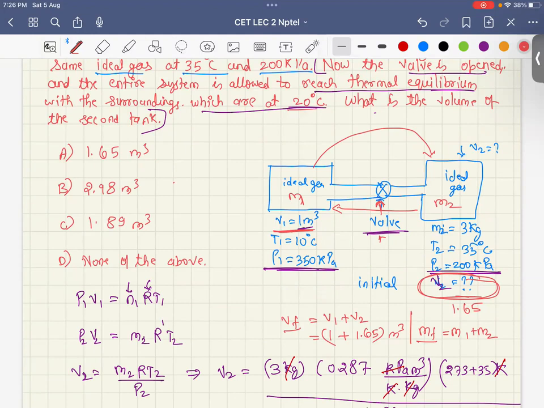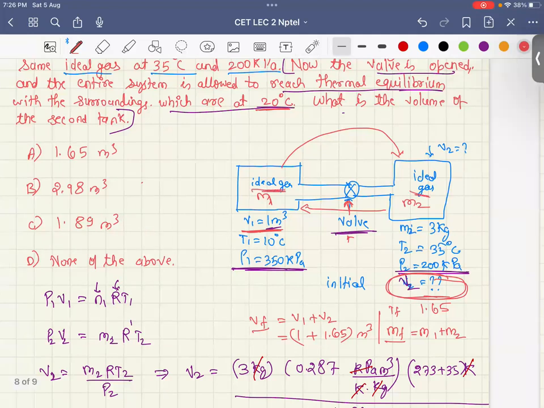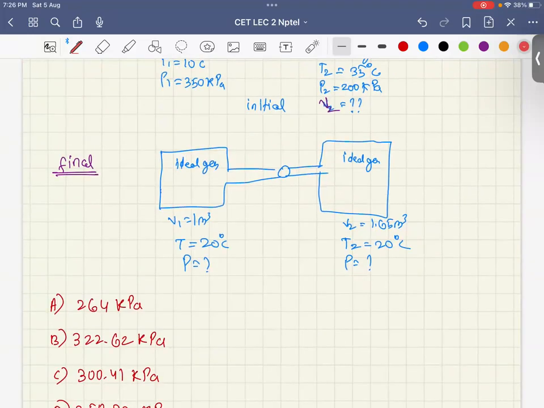And you are already given the final temperature, so you know TF as well. And it is already given that this gas is an ideal gas. So for the final system, you know TF, which is 20 degrees centigrade. You know the final mass, which is m1 plus m2, and you also know the final volume, which is v1 plus v2. So for this entire system, you apply the ideal gas law, PV equals nRT, or PV equals mR'T, right?